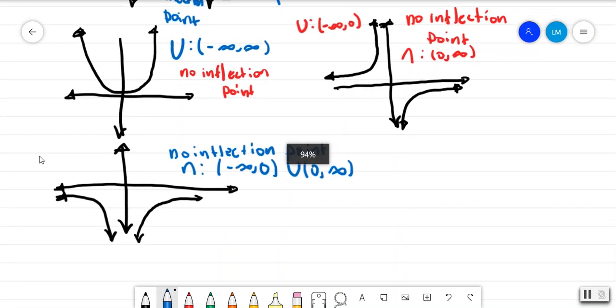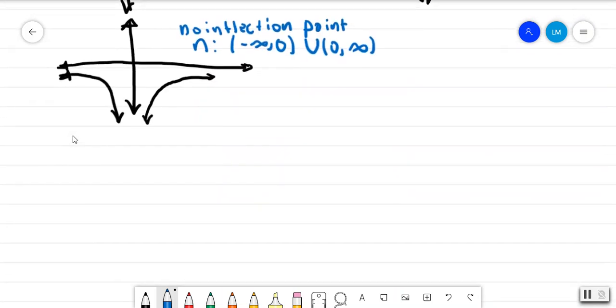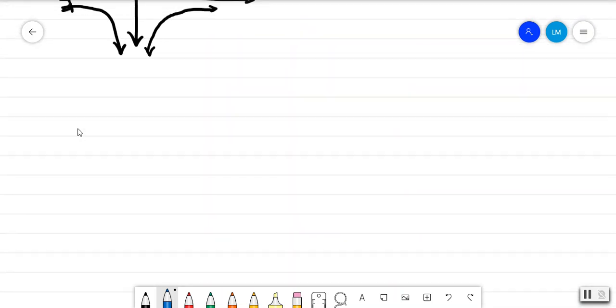So let's look at, for example, where we want to find, using the second derivative test, the intervals of concavity.